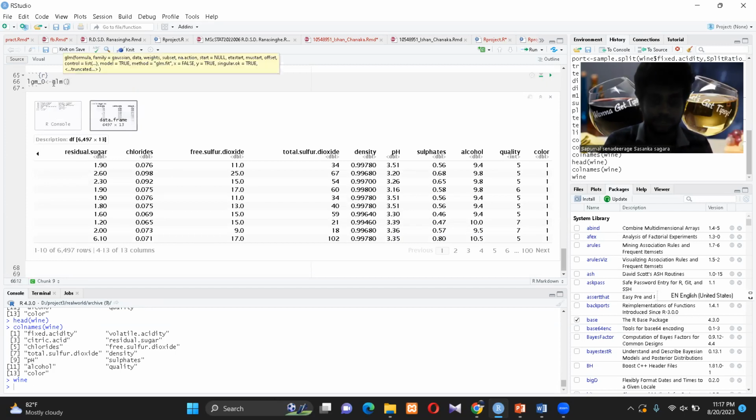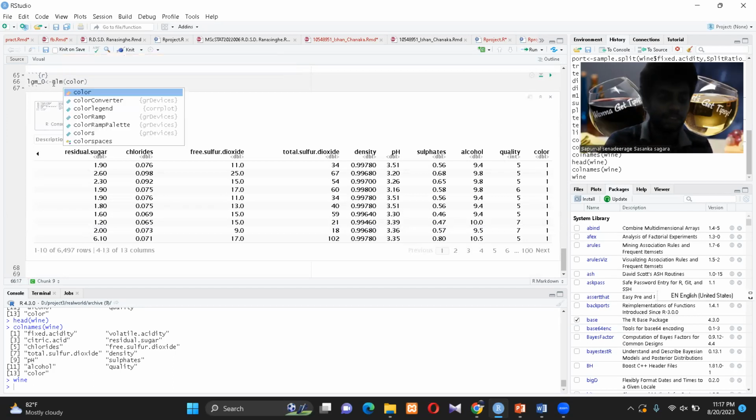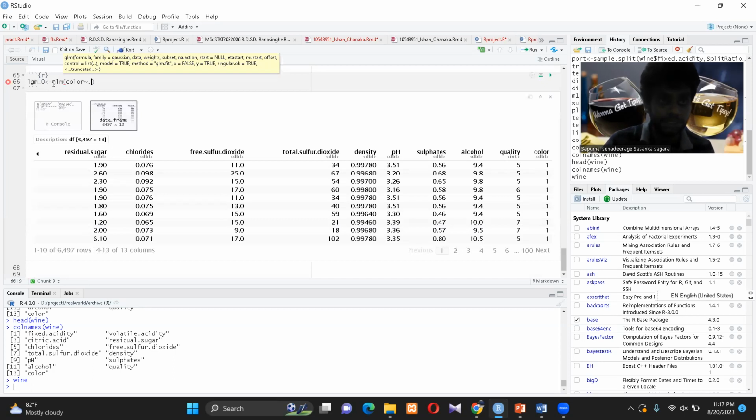GLM function, color as a function of all variables, data equals train, nothing eliminated, family equals binomial.